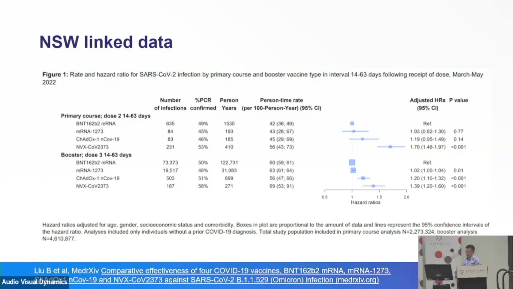And these are the results from there to compare some of the risks of infections. Again, there's all the issues of who is getting these vaccines. Probably matters a little bit. So people who have waited for later vaccines may well be different in many ways, and we can't always adjust for all those issues.